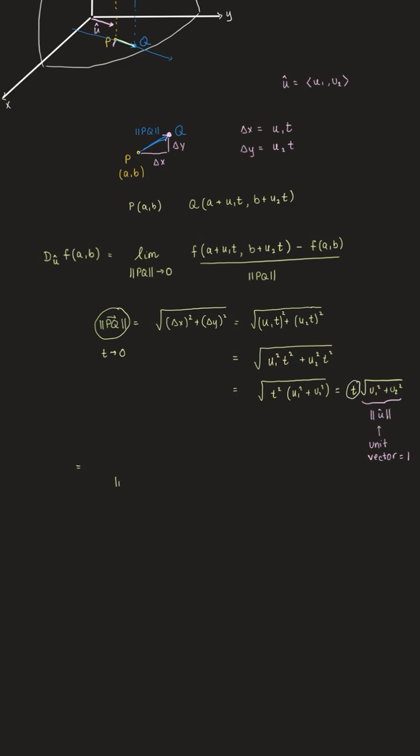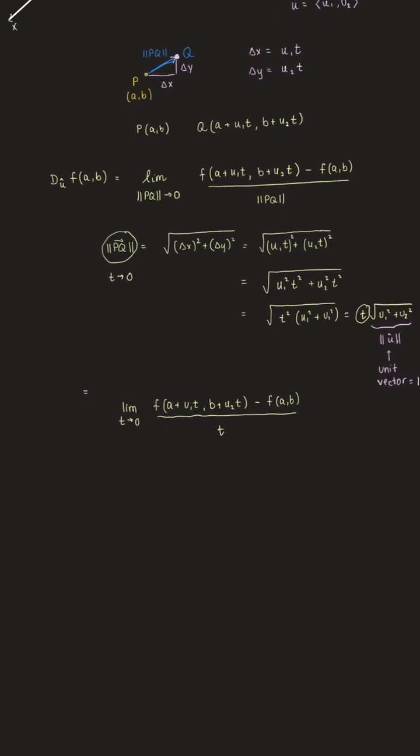So we'll write the limit as t approaches 0, since the magnitude of PQ is t, of f of A plus u sub 1 t, B plus u sub 2 t, our function value at Q prime, minus our function value at P prime, divided by the magnitude of PQ, which we know now is t.